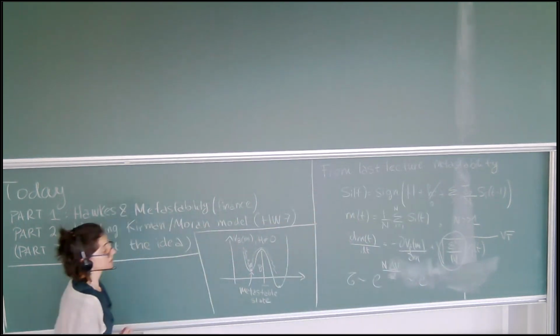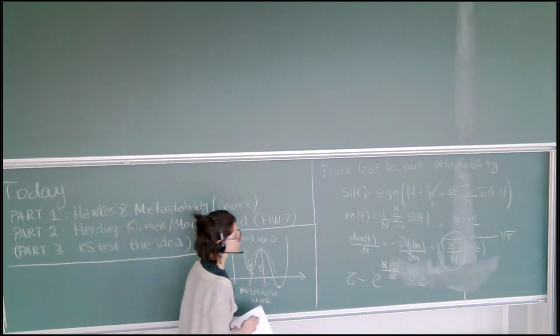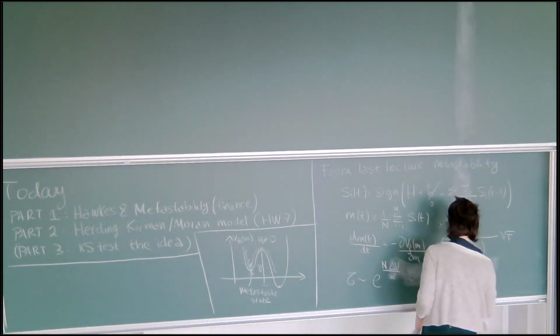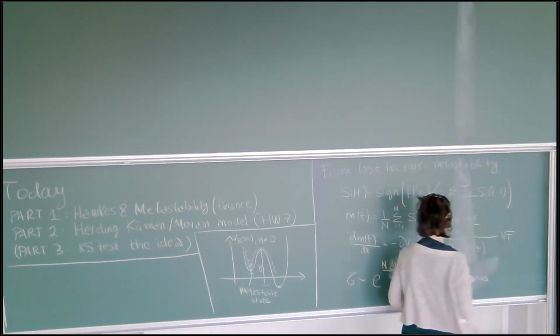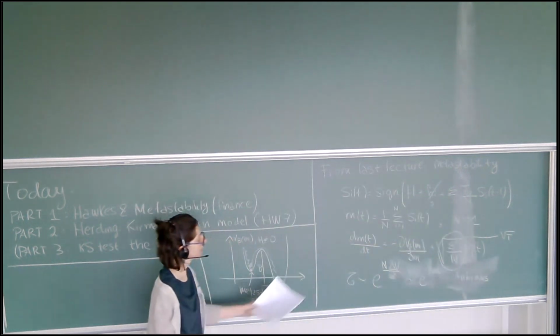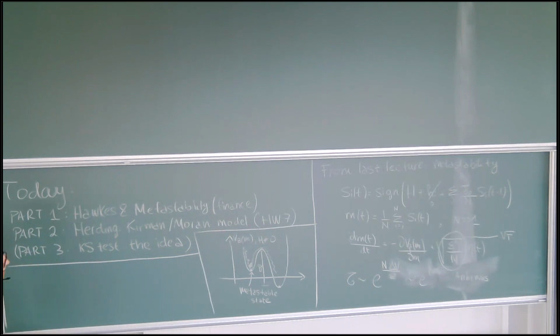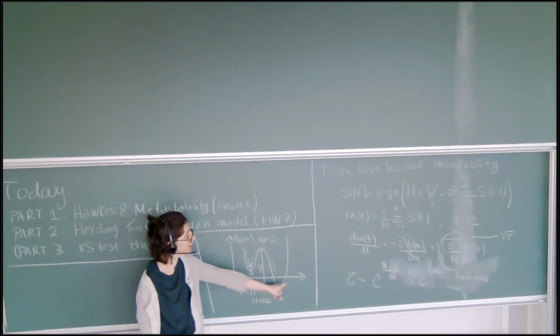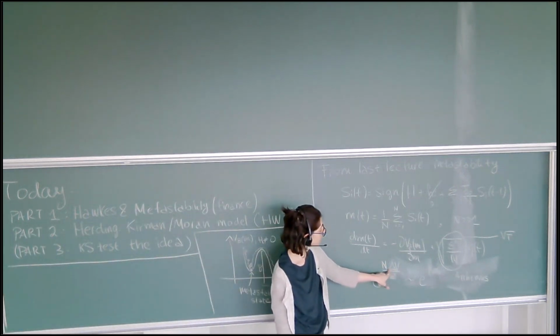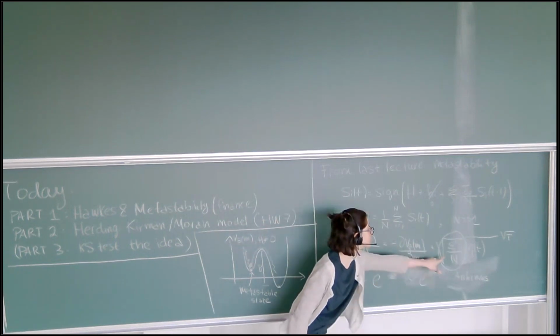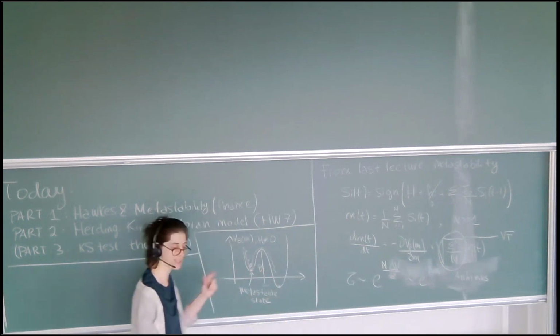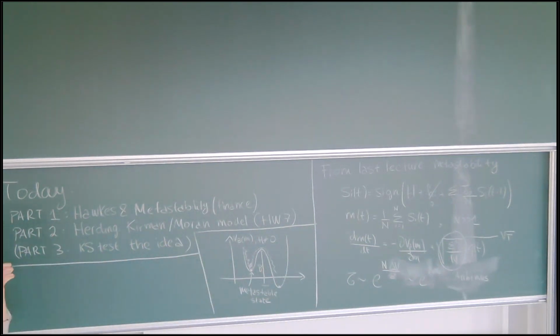And this is what people call in the literature the so-called Arrhenius behavior. It tells you that the time that you need to wait in order to jump this barrier grows exponentially in the barrier itself, but also in the inverse temperature, or if you want, in the inverse of the variance of your noise.